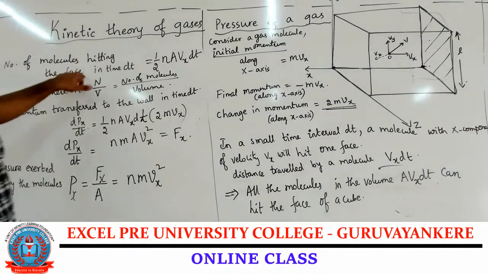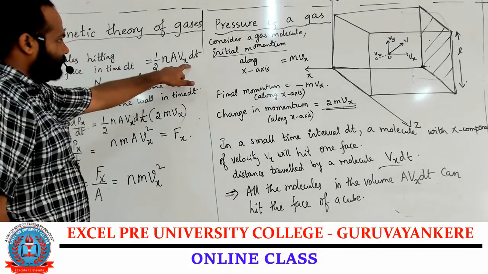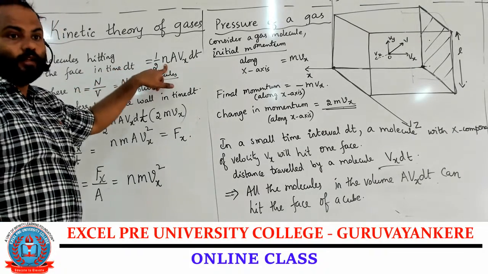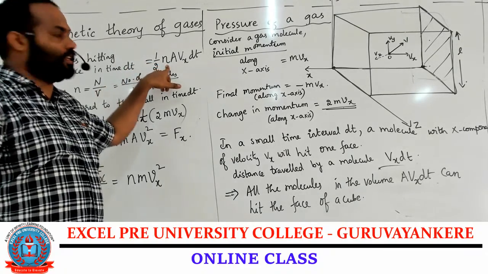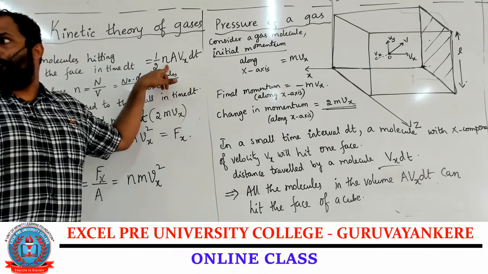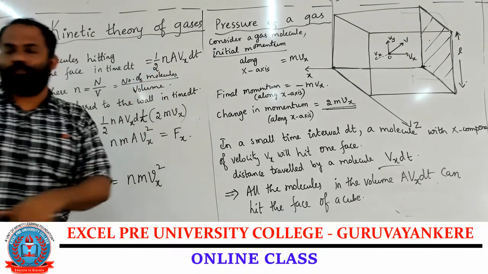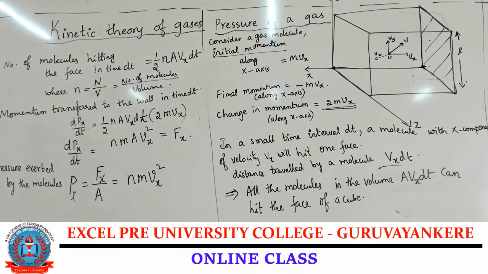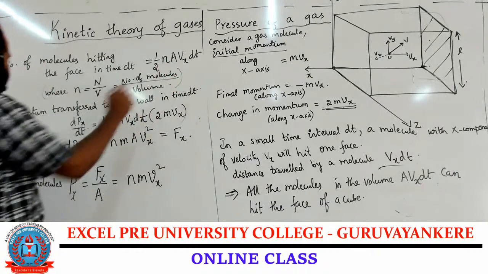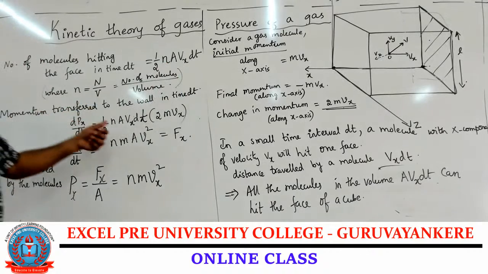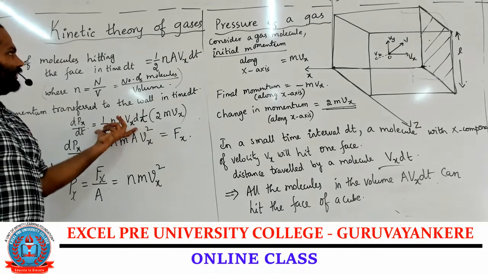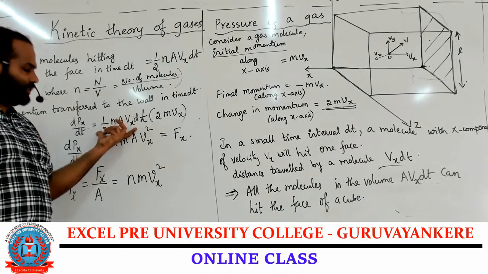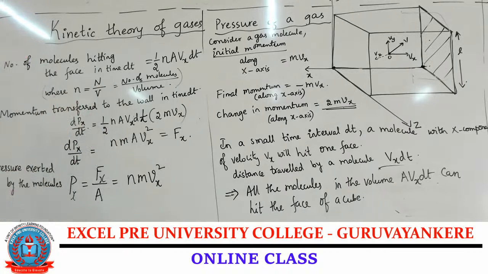Number of molecules hitting the face in time dt is half of this, where small n is number density of molecules, that is number of molecules per unit volume. Momentum transferred by a single molecule is 2 m Vx. Number of molecules hitting the wall in small time dt is this. Then that is nothing but the force exerted.